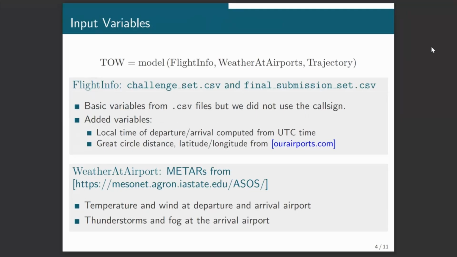We have also added the variables local time of departure and arrival, and great circle distance. The second group is weather at airport, which is basically METARs. Using these METARs, we have added temperature and wind at departure and arrival airport, and also thunderstorm and fog at the arrival airport.